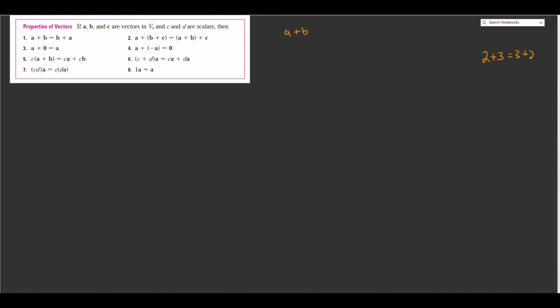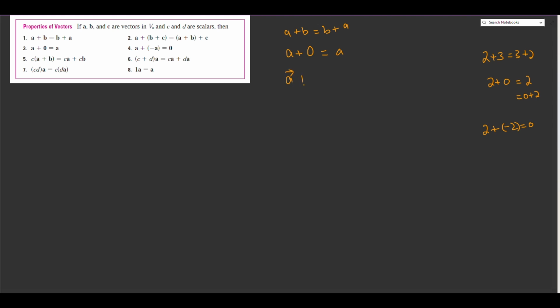Similarly, in the case of vectors, you can write a plus b equals b plus a. Similarly, 2 plus 0 equals 2, which is also equal to 0 plus 2. So any vector added to a 0 vector gives the original vector. Similarly, 2 plus minus 2 is equal to 0. So when you add a number to its negative, the answer is 0.